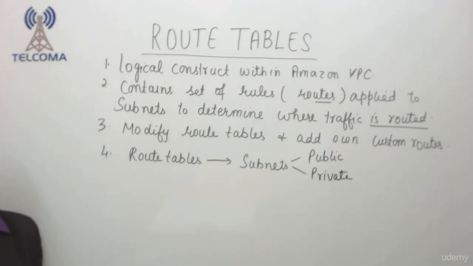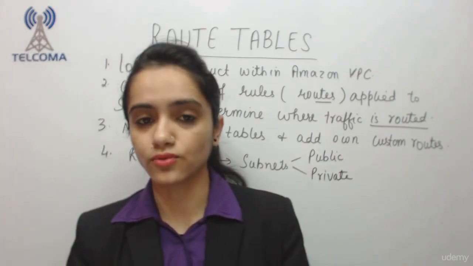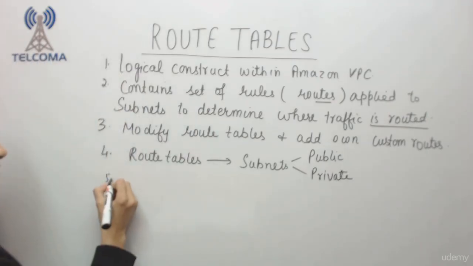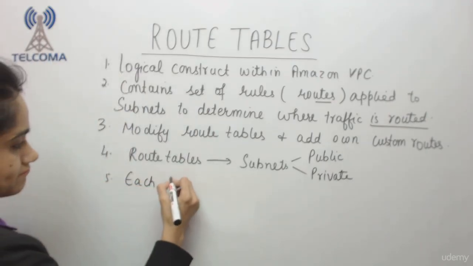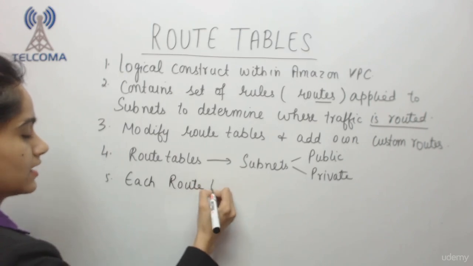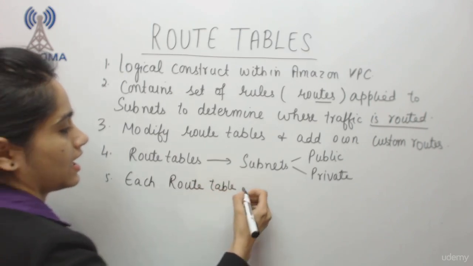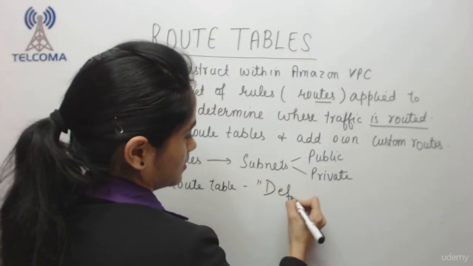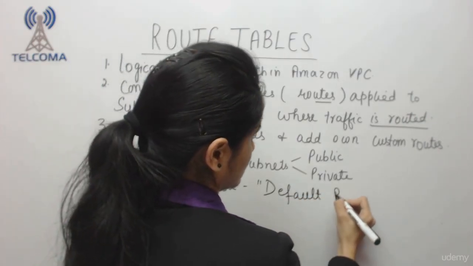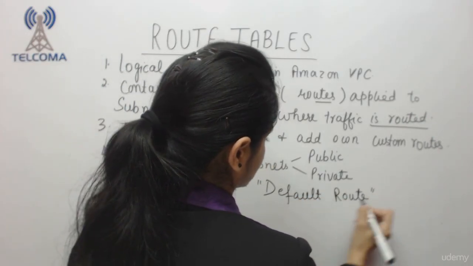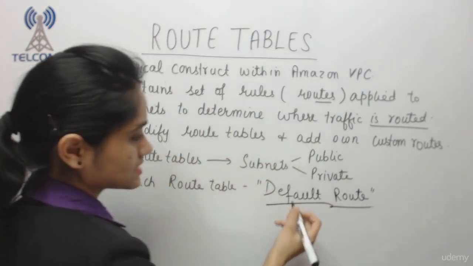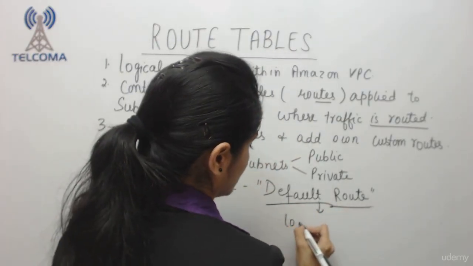Now each route table contains a default route, and this default route is called the local route.